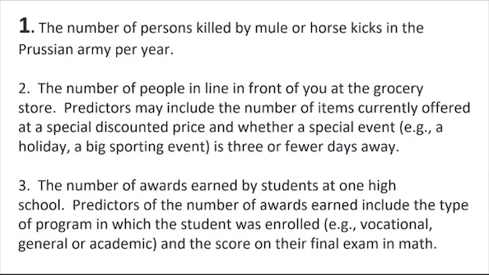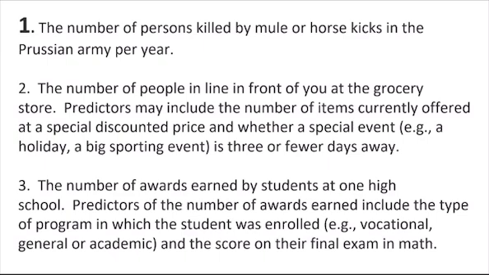That is what we mean by a count. So what we want to do in Poisson regression is identify some predictor variables that are connected to the count, and that's why we want to consider Poisson regression.